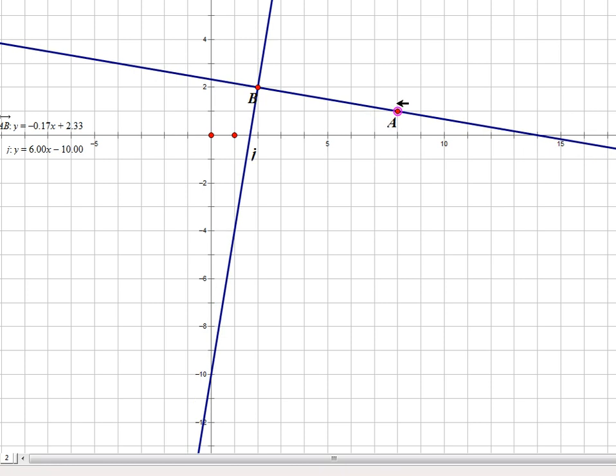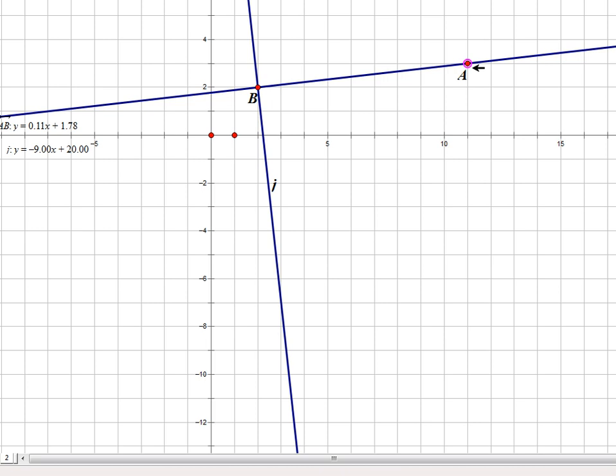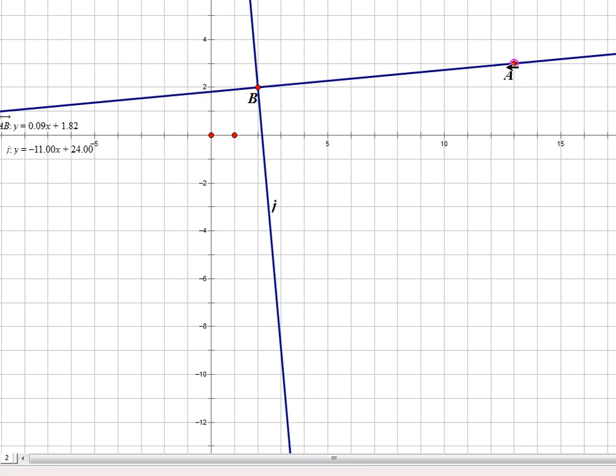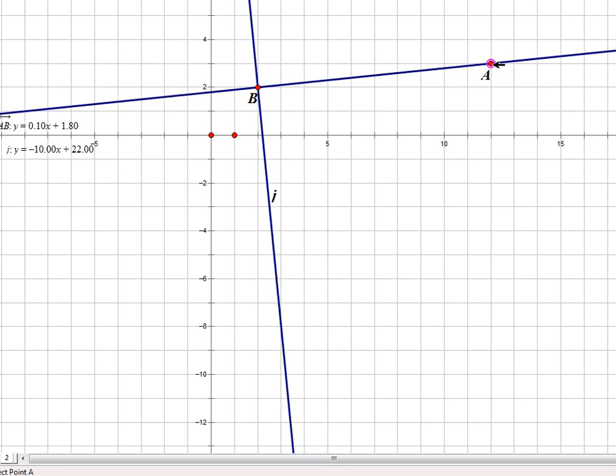Let me give you another one, see if I can really drive this one home. How about that one? Now we got a slope of 0.1, and the other slope would be negative 10. So we have a slope of 1/10 and a slope of negative 10. You can have fractions in slope, I mean, rise over run.